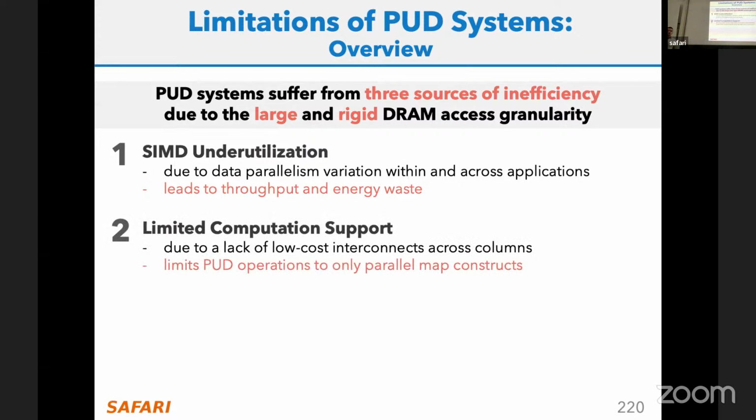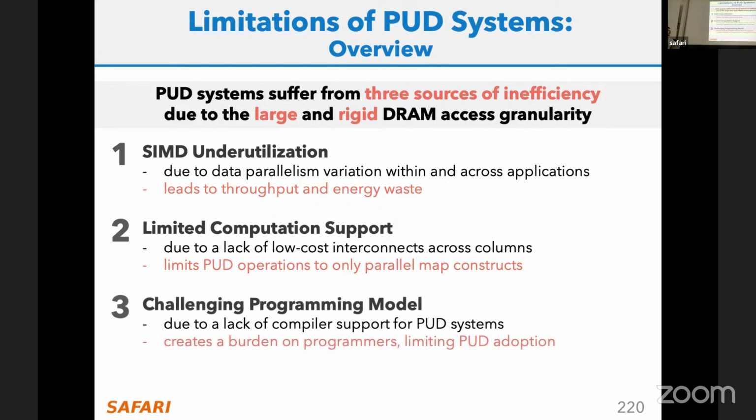Another problem is that you can add one row with another row, but you cannot add a single row with itself. So if you have a vector and you want to do a scalar reduction, to reduce it down to a scalar value, you cannot do that because there is no way to move data across the different DRAM columns inside the DRAM array itself.